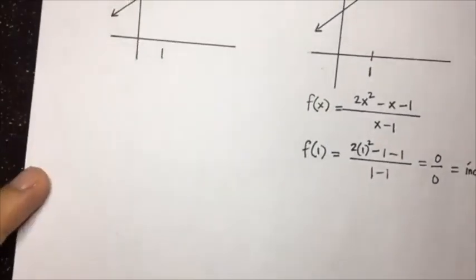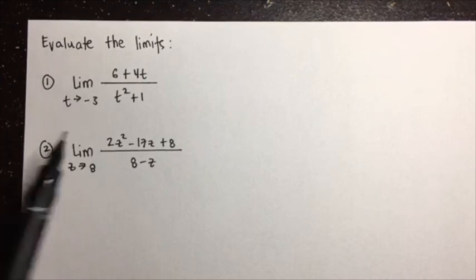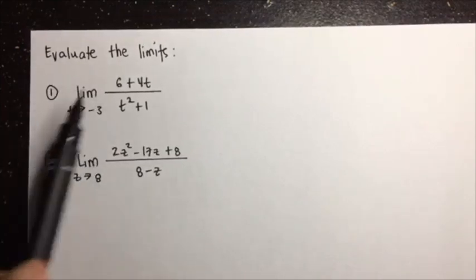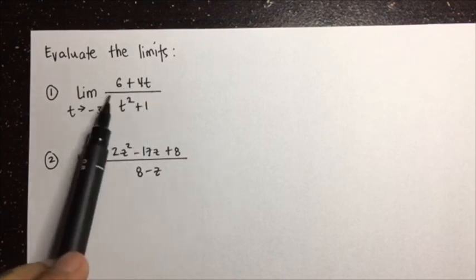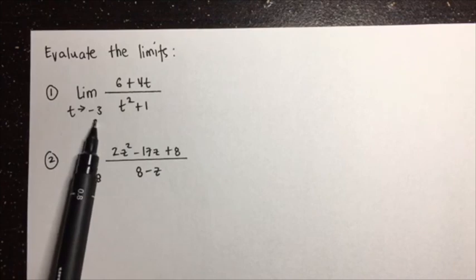So let's solve some problems. Let us solve these two examples, and we'll add one more later maybe. Number 1: evaluate the limit of (6 plus 4t) all over (t squared plus 1) as t approaches negative 3.